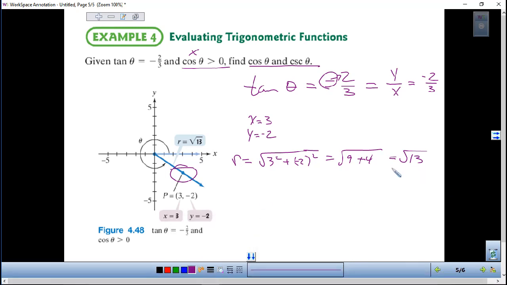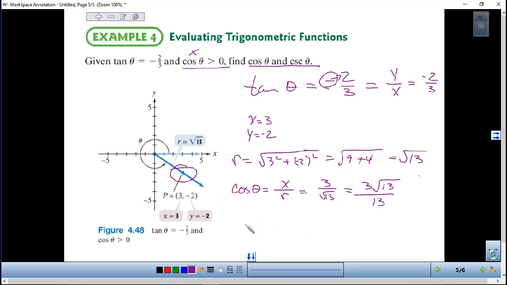And with the square root of 13 as our r, the cosine is going to be x over r, which is going to be 3 over the square root of 13. Rationalize, it's 3 square root of 13 over 13. I don't like that.